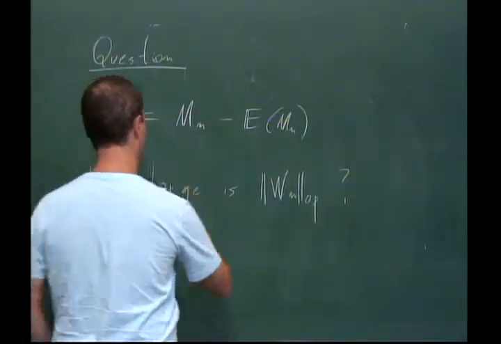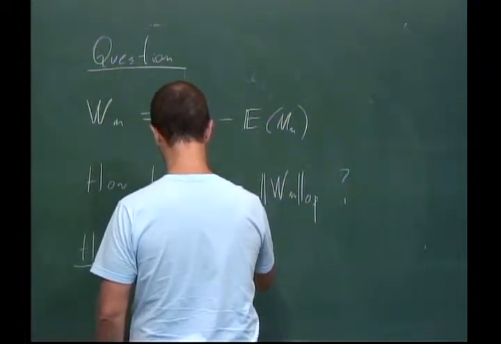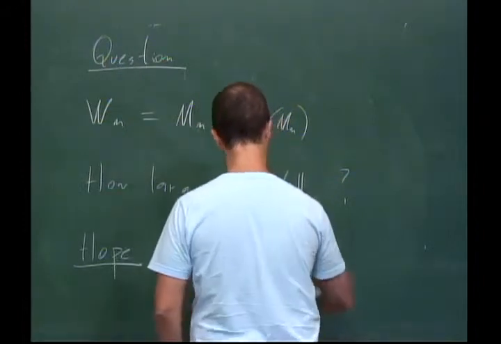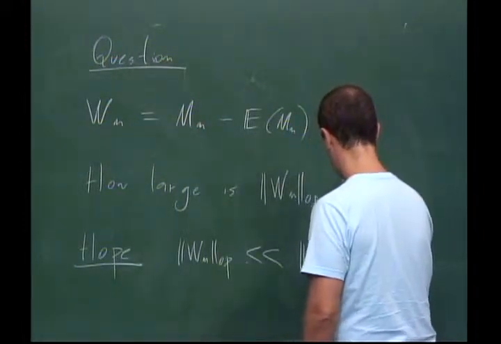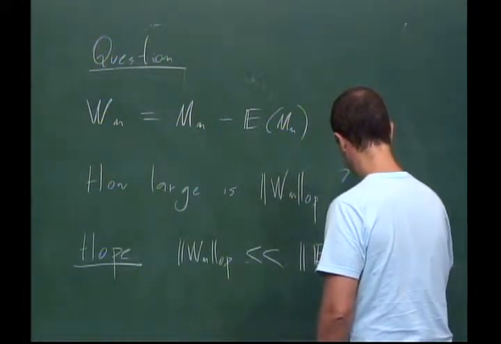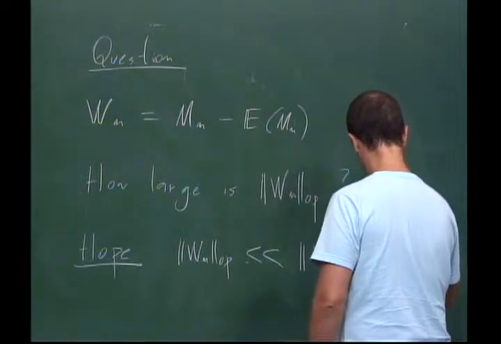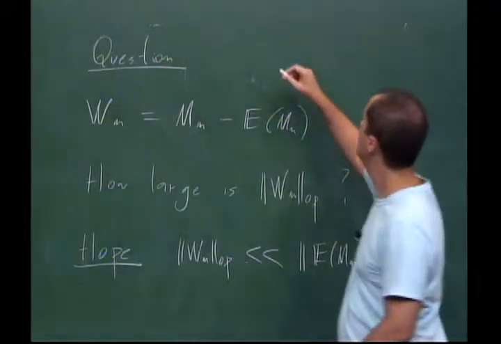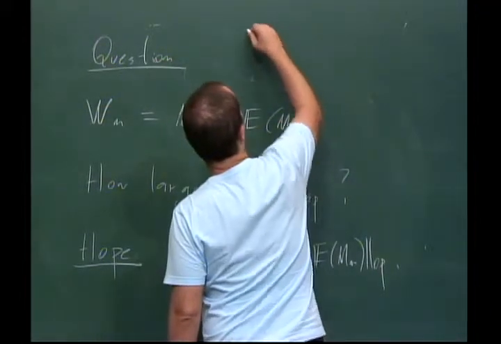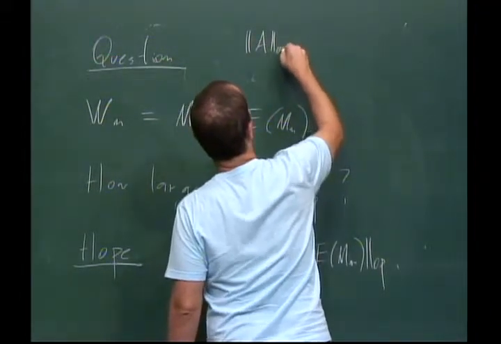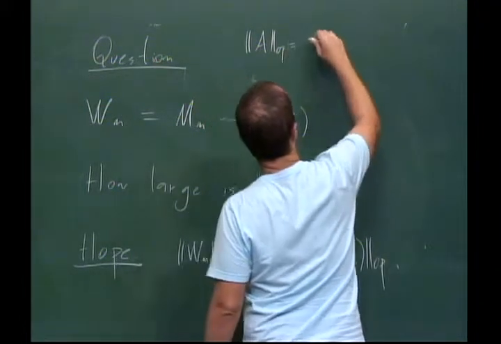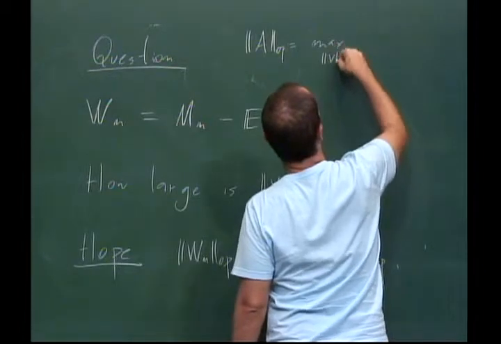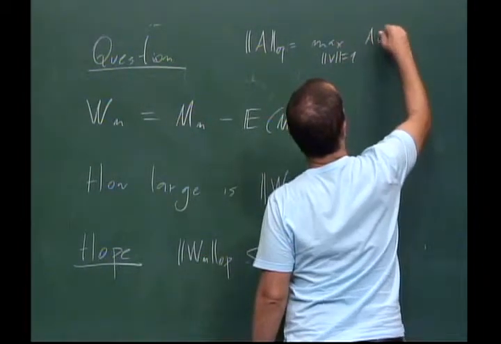So the hope somehow, let me write it like this, is that this norm is typically much smaller than the norm of the expectation. And when I write OP, this is just the operator norm here. So if I have a matrix, its operator norm is by definition the maximum over vectors V of norm 1 of the norm of AV.